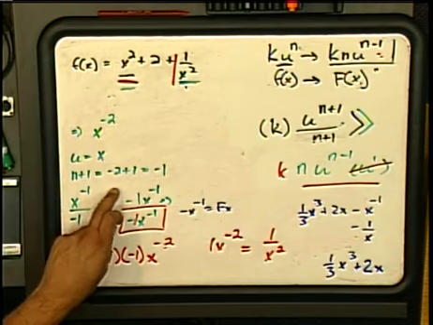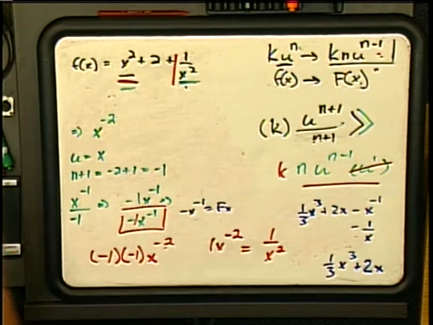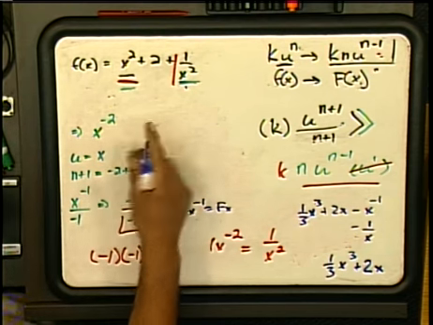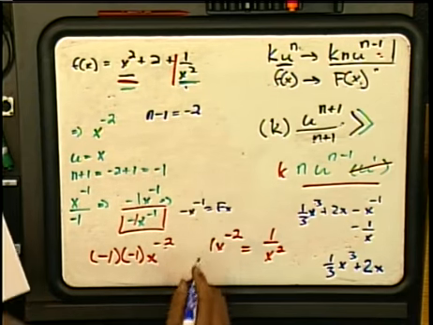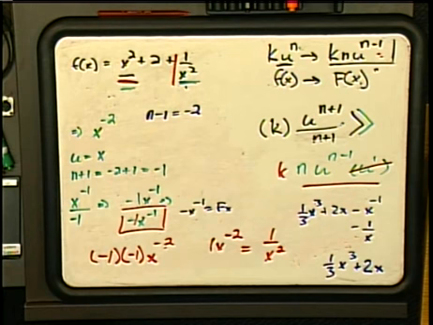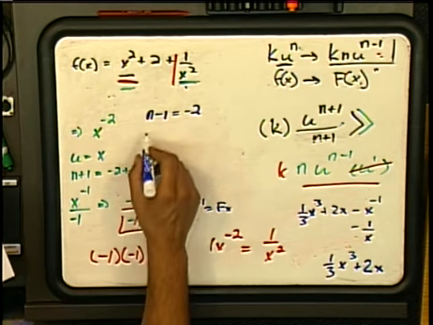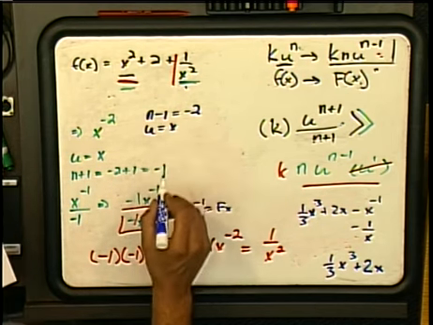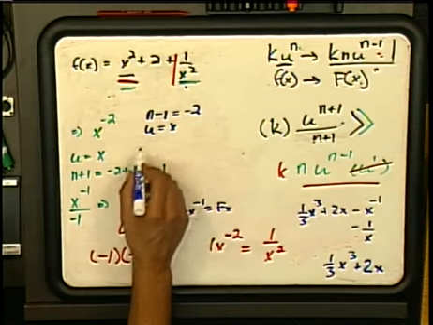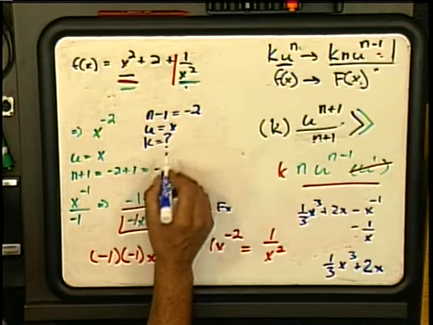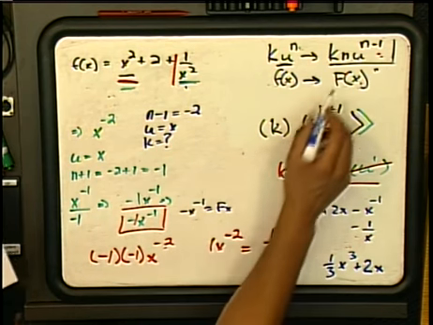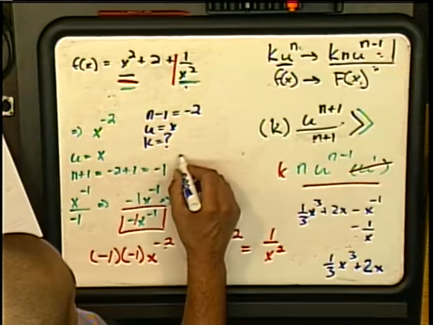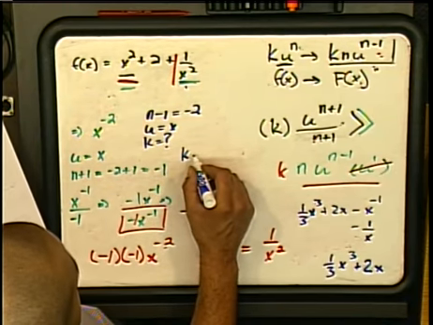And to do this the other way, you would take this as n minus 1 equals negative 2. Your u would still be x. And you would look for k. And then plug that, write it like this, in this form, k.